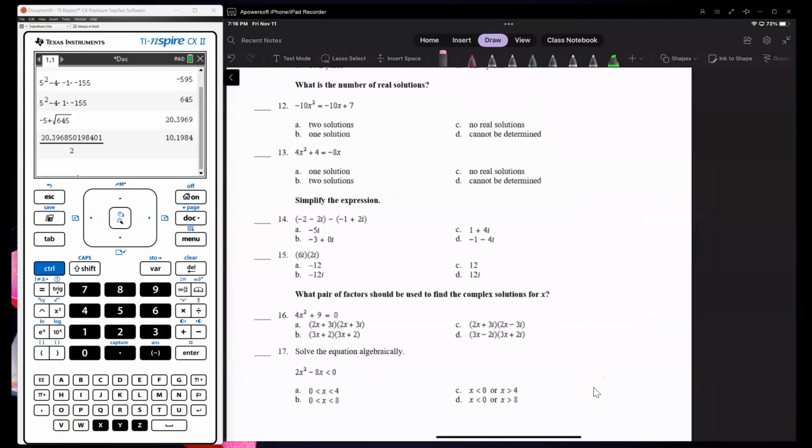What is the number of real solutions? So you have to write this in standard form. So you have negative 10x squared plus 10x minus 7 equals 0. The discriminant is b squared minus 4ac. So it's 10 squared minus 4 times a times c, right?